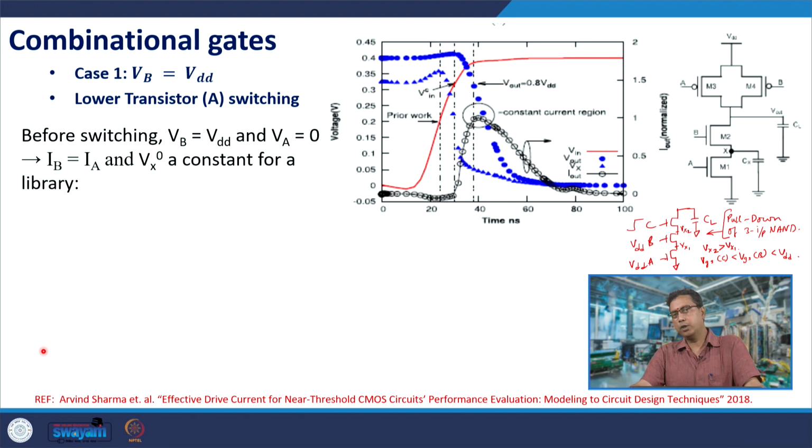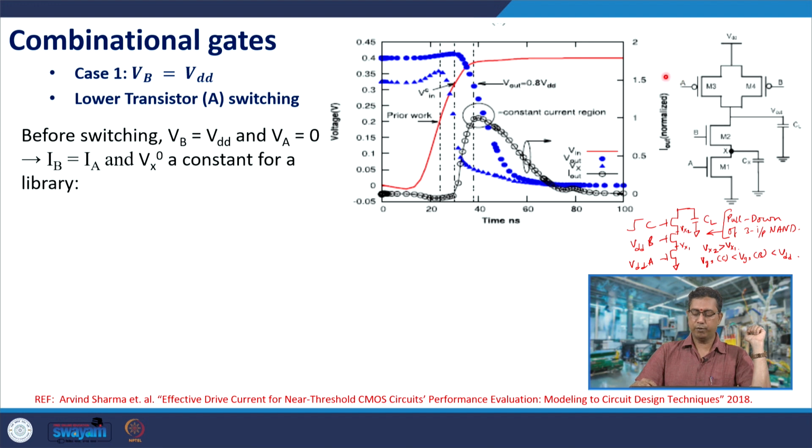For output charging, usually one of the inputs A and B would be turning from VDD to 0 while the other input remains at VDD, because the chances of both inputs simultaneously turning on or off would be relatively smaller. So we would mostly be discussing single input switching. Turning one of the inputs from VDD to 0 would charge the output, but the charging would be like an inverter. It is just a single transistor which is charging.